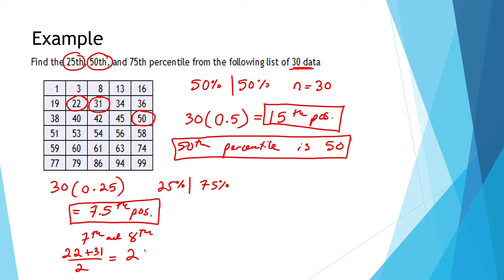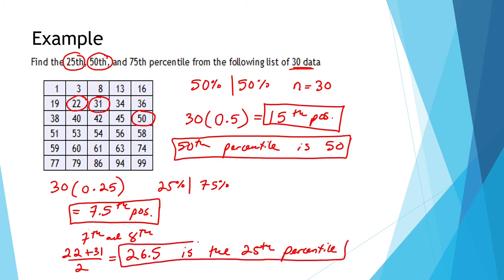This gives us 26.5, and that's going to represent the 25th percentile. This means that 25% of the data is below 26.5 and 75% of the data is above 26.5.